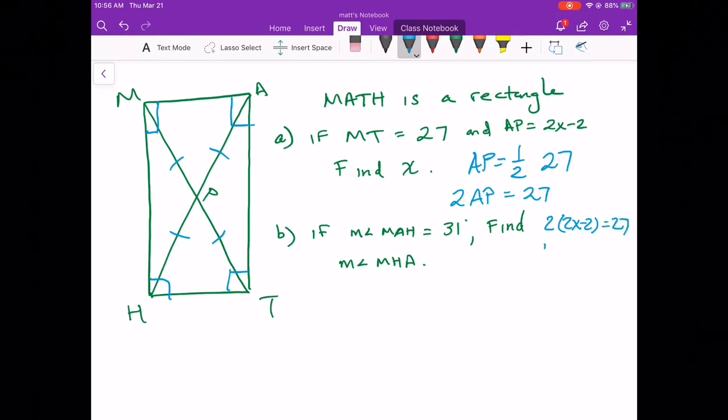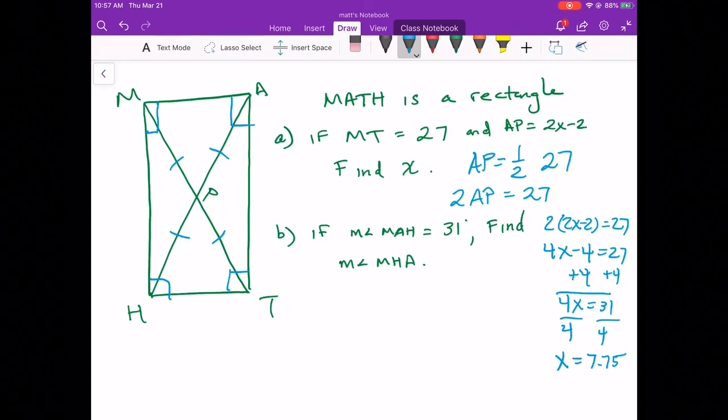Distribute, and I get 4x minus 4 is equal to 27. I'll add 4 to both sides. 4x is equal to 31. Divide everything by 4. And x is equal to 7.75. Okay, and all they wanted was x on that problem.